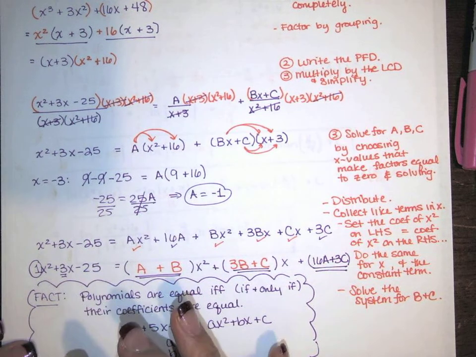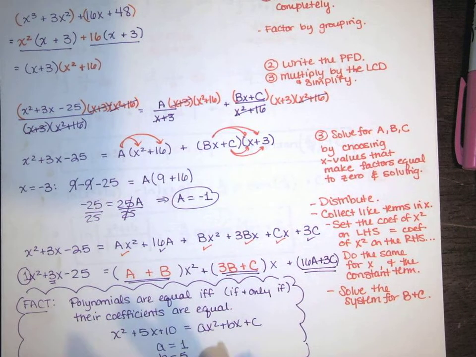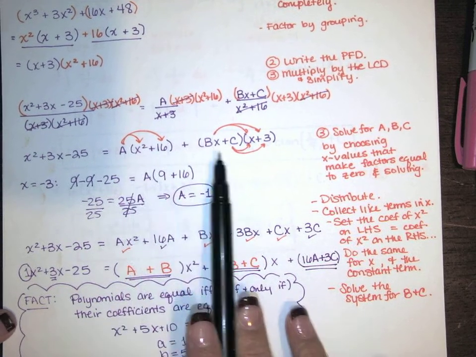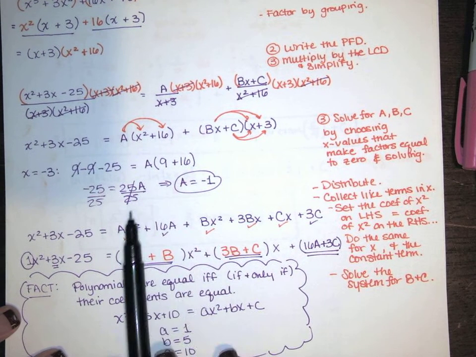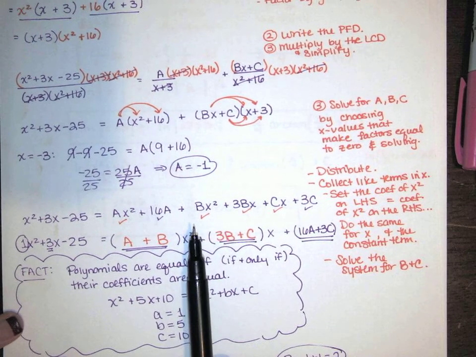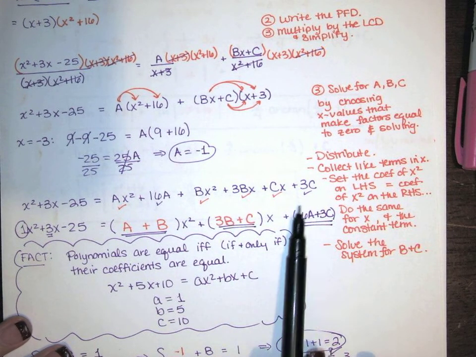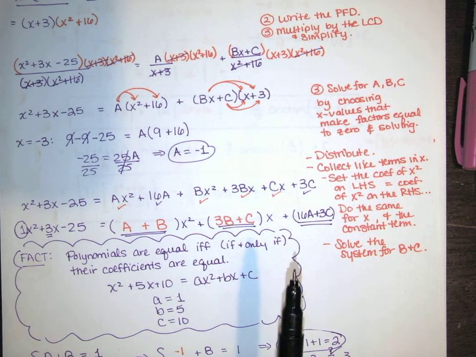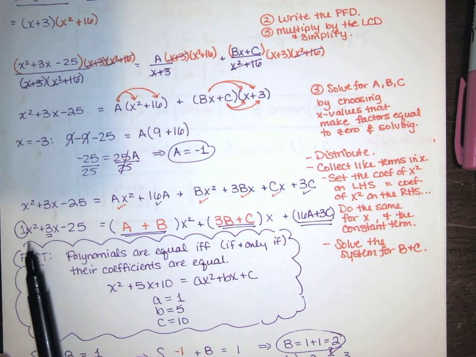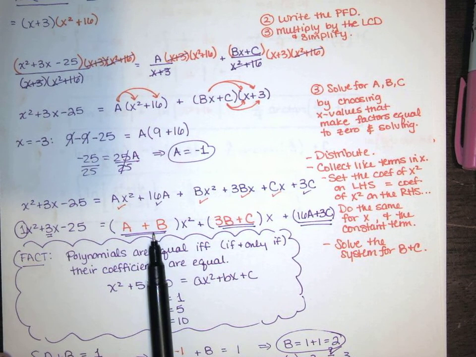So instead, this is what we do. We're going to use a system of equations to find a, b, and c. So after we multiply by the LCD, we distribute, we get this. We collect like terms in x. Group your x squareds together, your x terms together, and your constants together. Then the coefficient of x squared on this side has to equal the coefficient of x squared on this side.